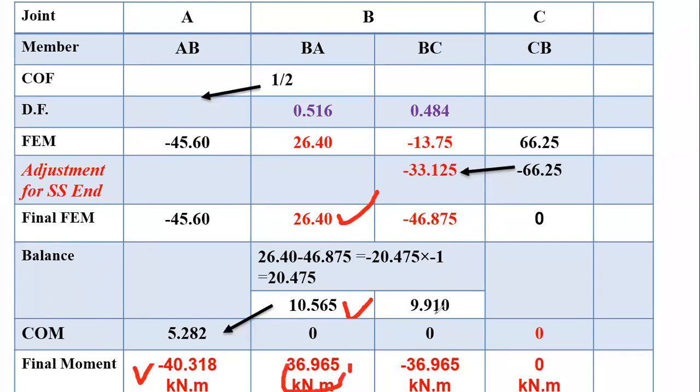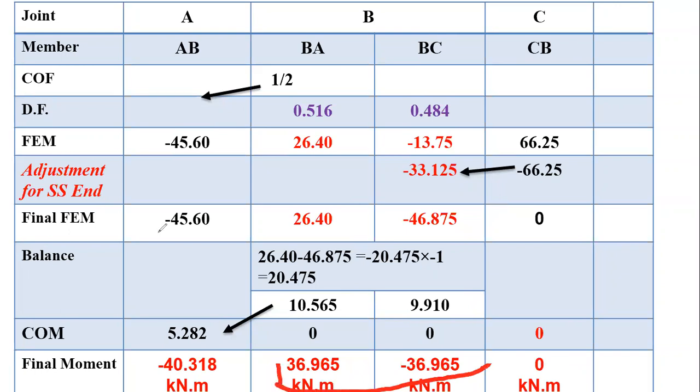Then MBC, this is minus 46.875 plus 9.910. Summation will be minus 36.965, and for CB we know it is 0, as it is an end support and simple.